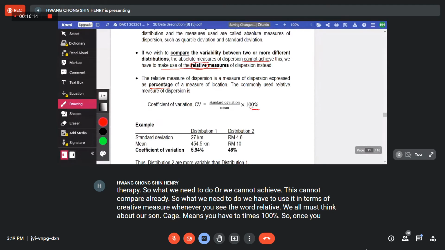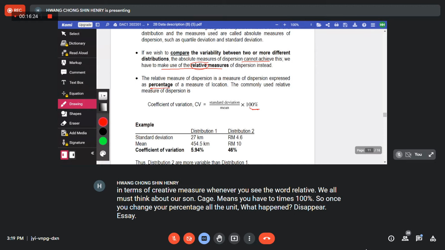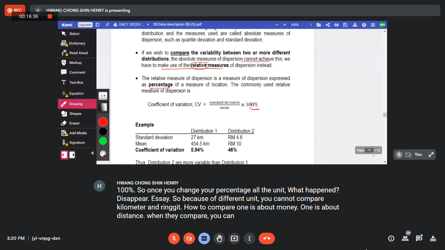So once you change to percentage, all the units, what happens? Disappear. Correct? This morning I said, because of different units, you cannot compare kilometer and ringgit. How to compare? One is about money, one is about distance. You cannot say 27 is more than 4.6.